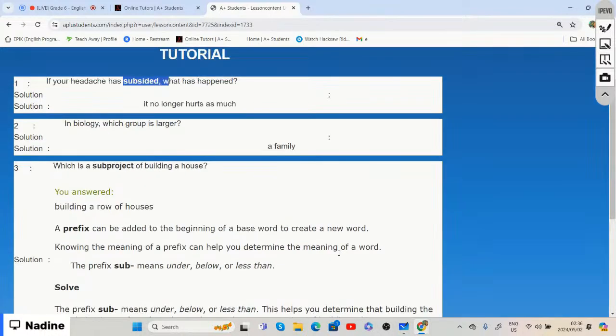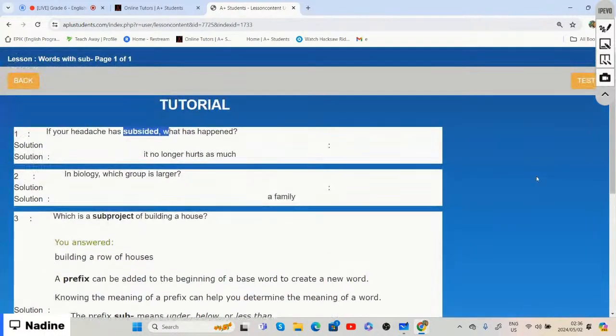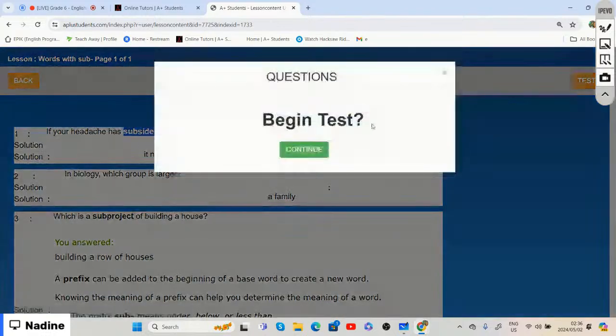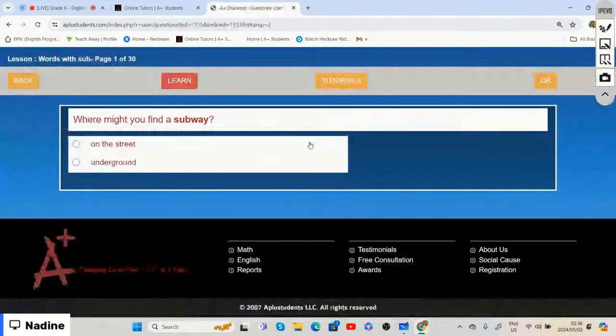All right, so now let's go to our test. Where might you find a subway? A subway, is it on the streets, or will you find a subway underground?